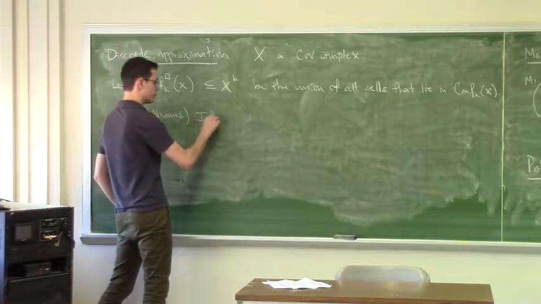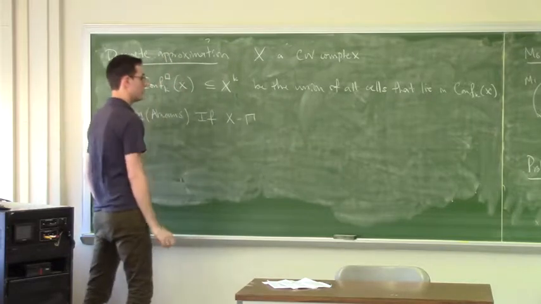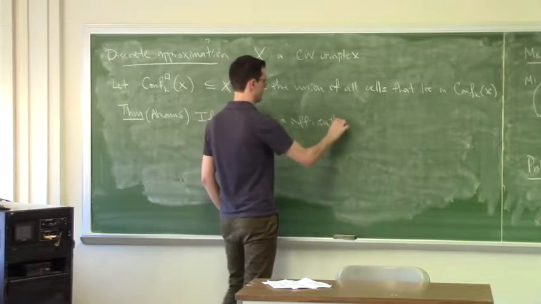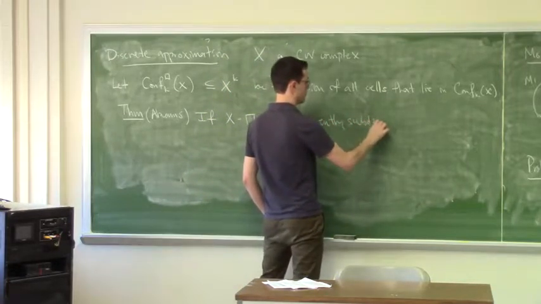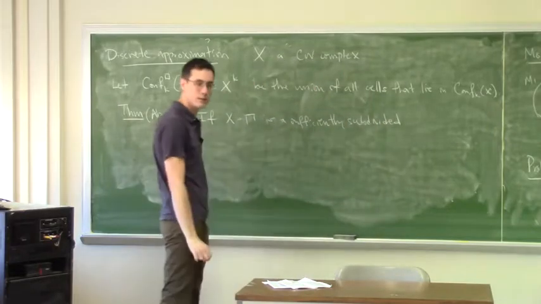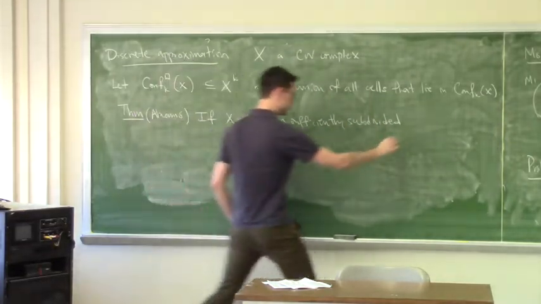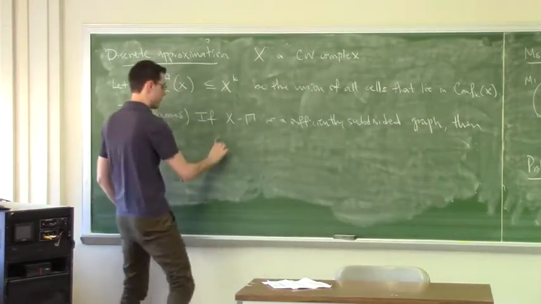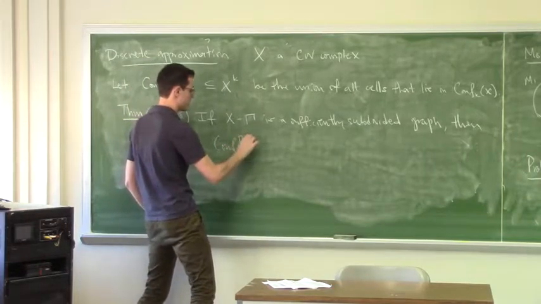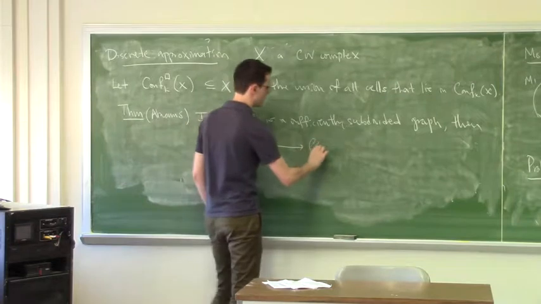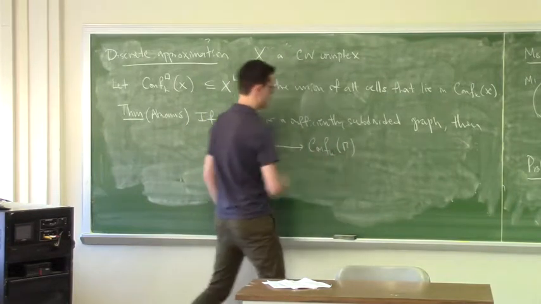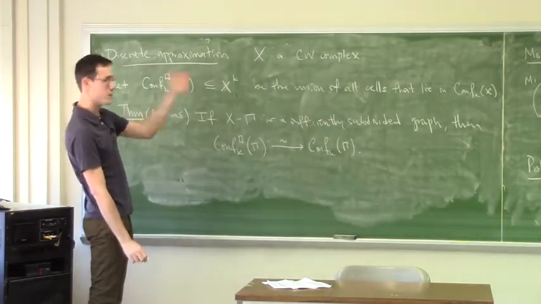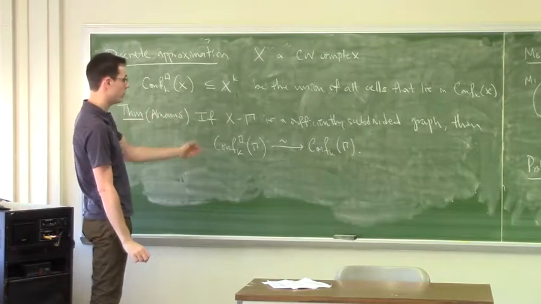So if X is a graph that's sufficiently subdivided, meaning I just add enough bivalent vertices to the edges of the graph, then the map from the discretized configuration space to the configuration space that we care about is a homotopy equivalence. So we can study the configuration space, all of its homotopical properties, from this discrete model.